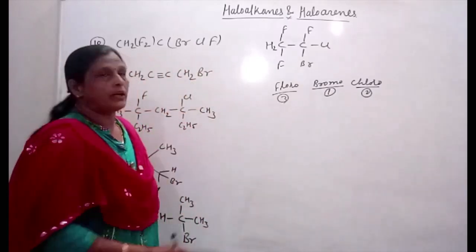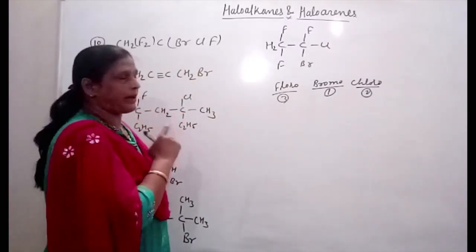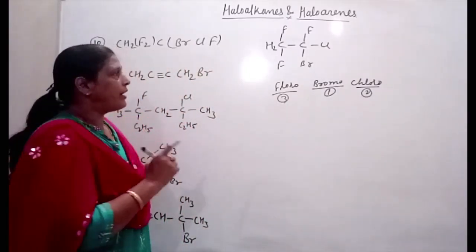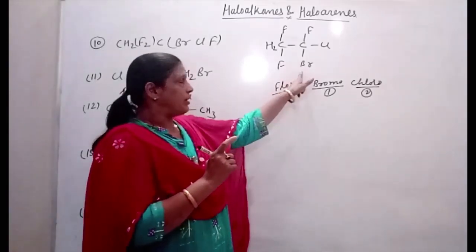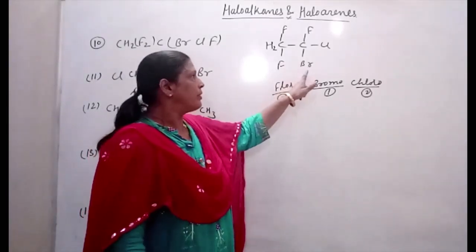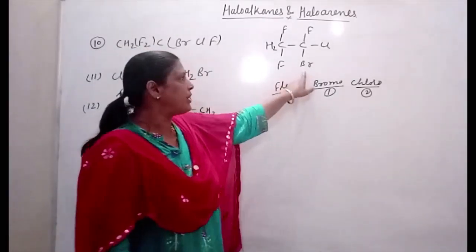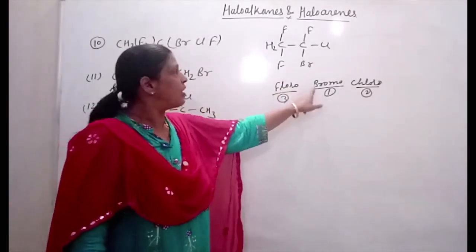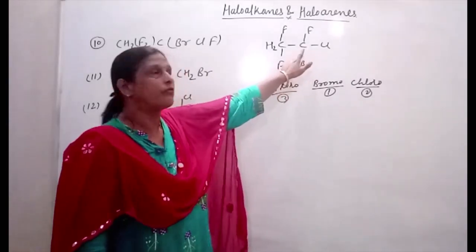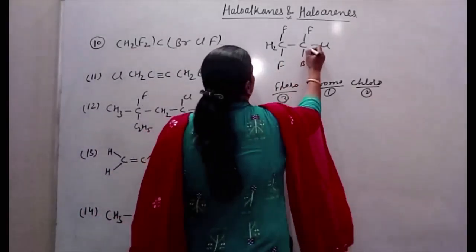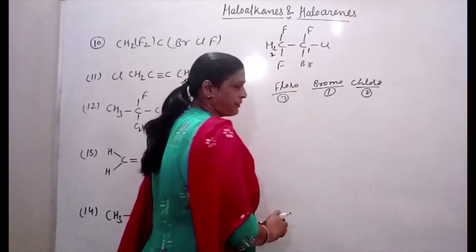So numbering is given to this parent chain from the side of the substituent group which comes first in alphabetical order. Bromine comes first alphabetically, so we will give numbers first from here, first and second.